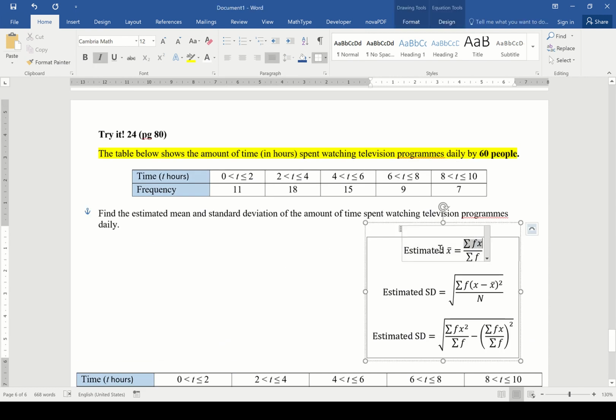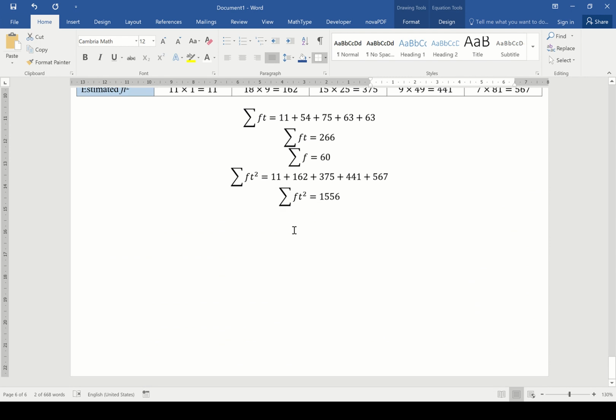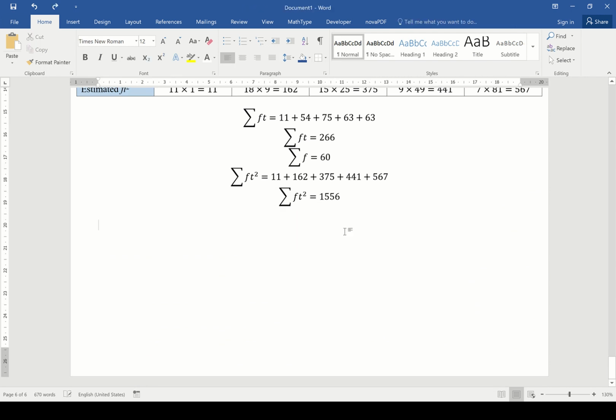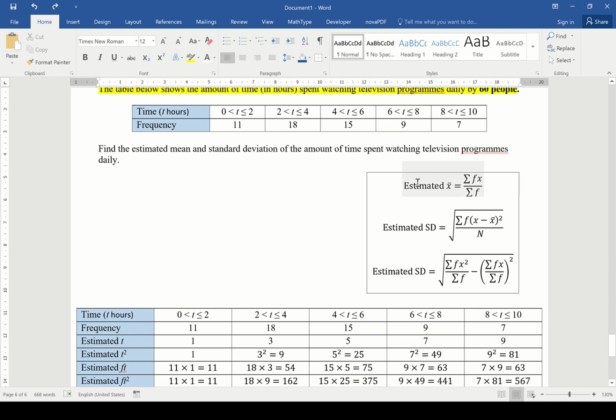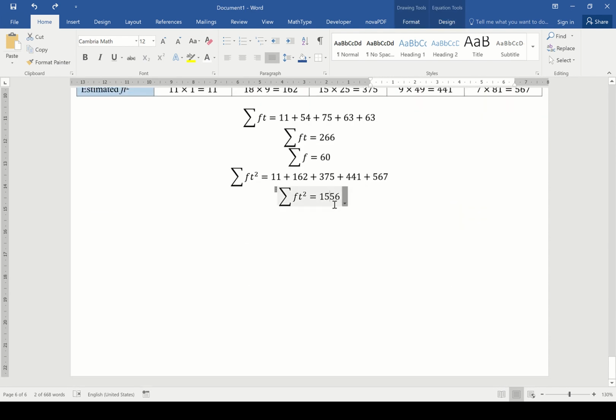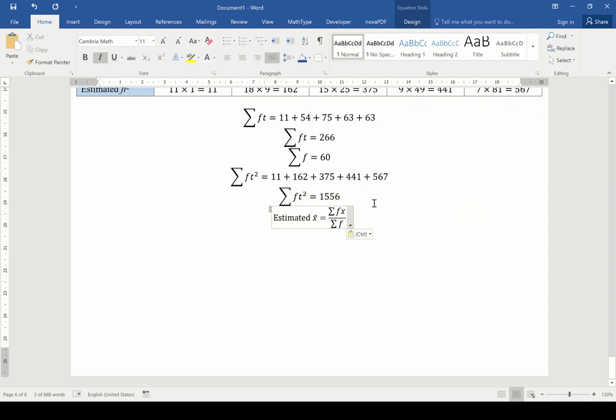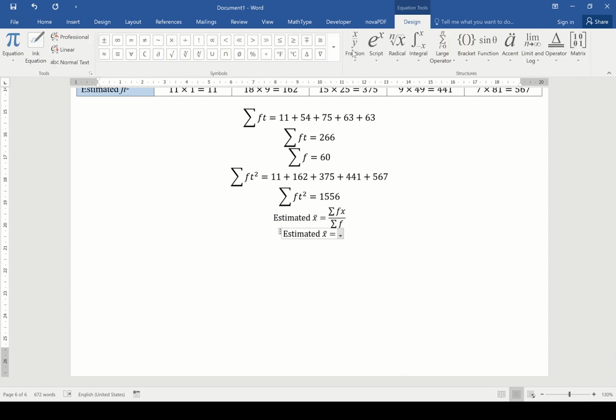So what we can do is, again, estimated mean, not just mean. Okay, sorry, estimated mean is given by summation of fx over summation of f. So now that you have actually calculated out everything, you realize that you don't have to write down everything again.